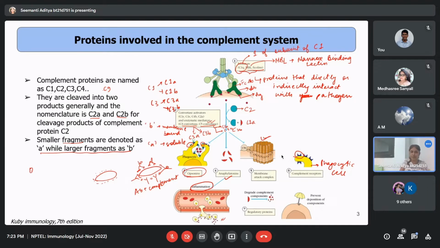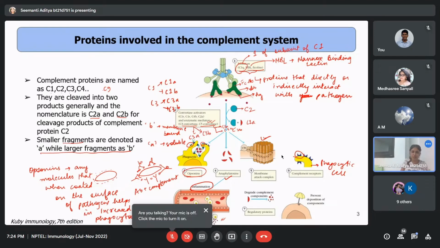So opsonins are any proteins or any molecules that, when coated on the surface of a pathogen, help in increased phagocytosis of the pathogen.